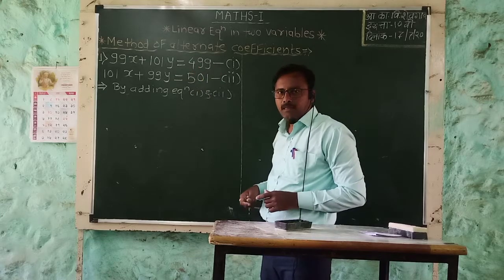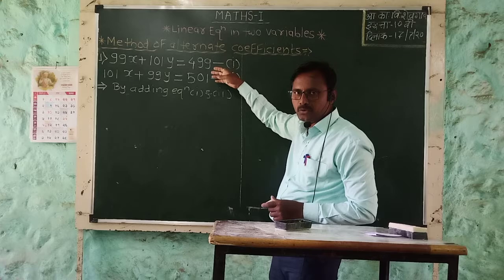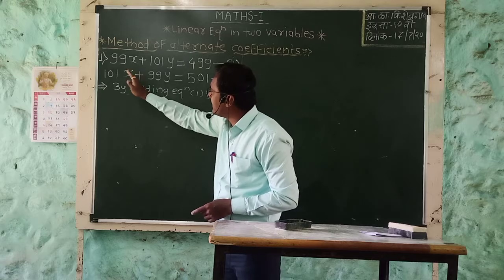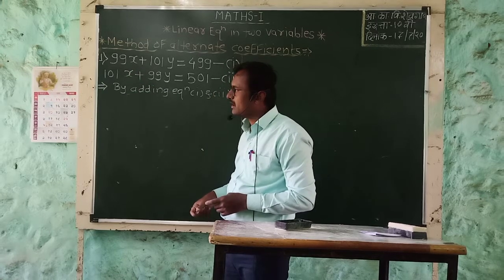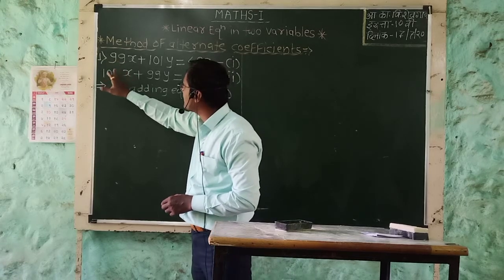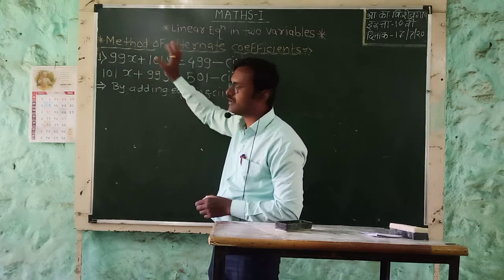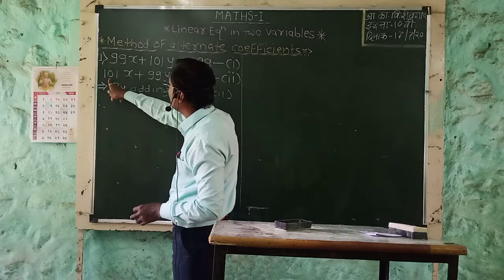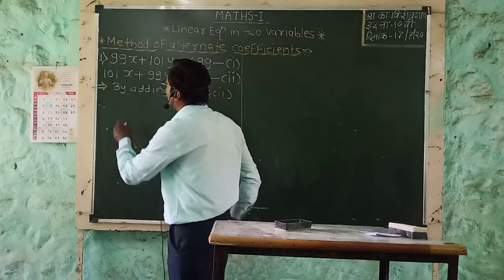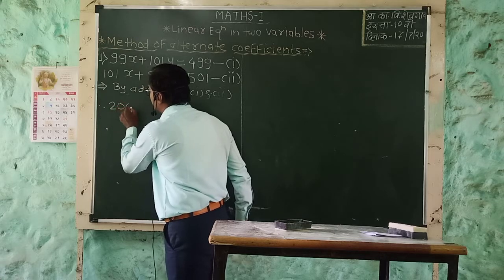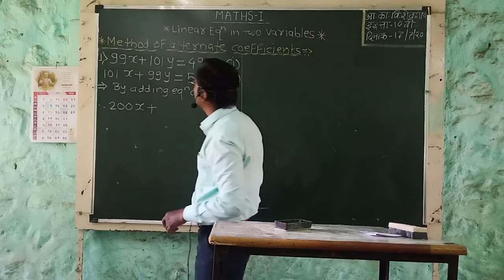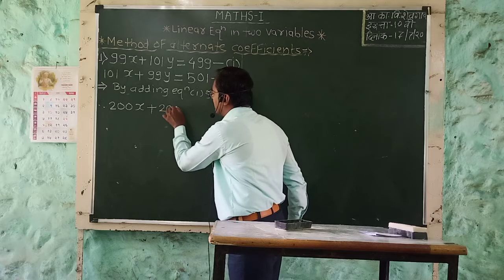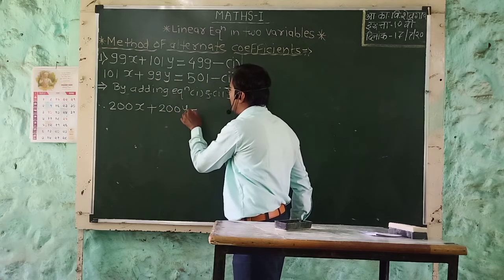When we are adding, we have already written equations 1 and 2 one below another, and we consider the coefficients of x and the coefficients of y. 99 plus 101 is equal to 200x, plus 101 plus 99 is again 200, the variable remains the same, that is y.